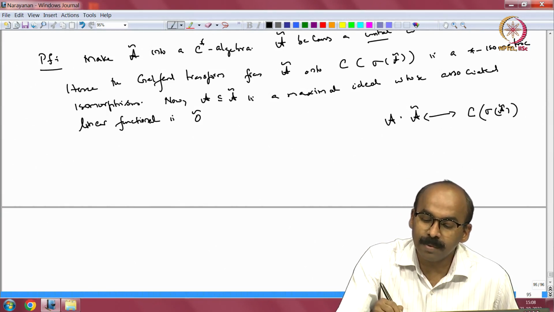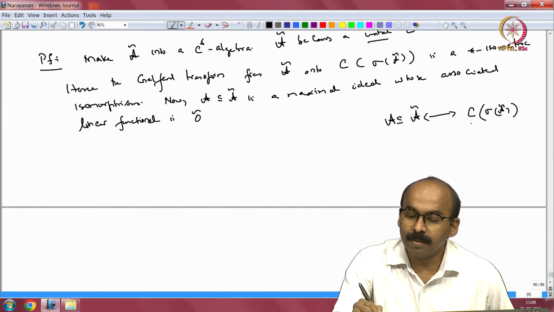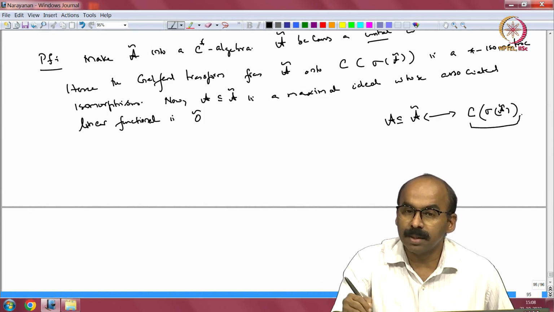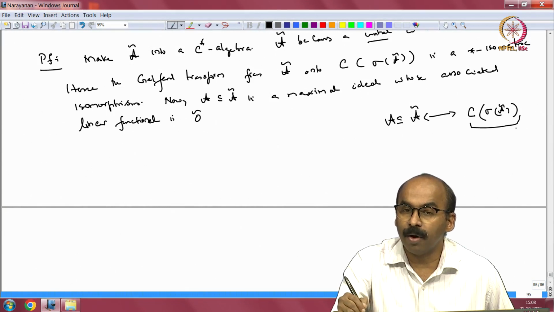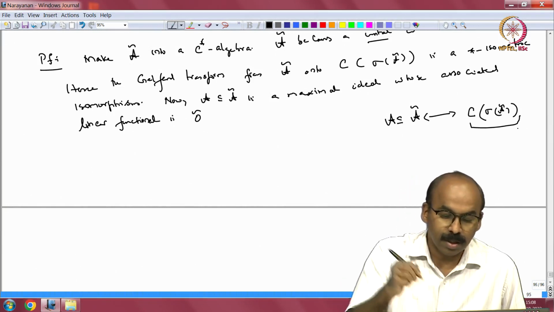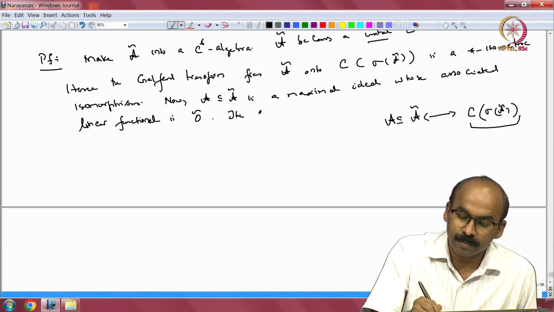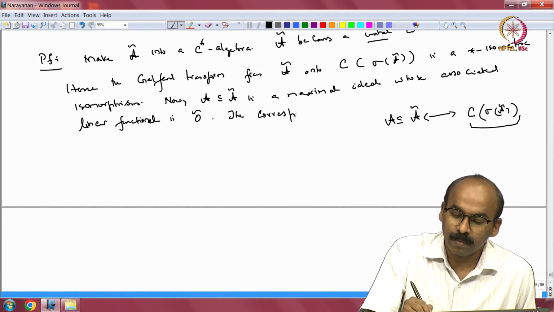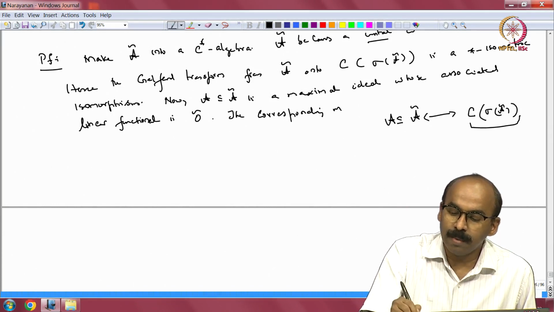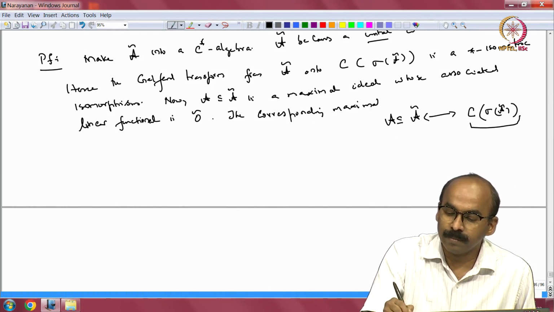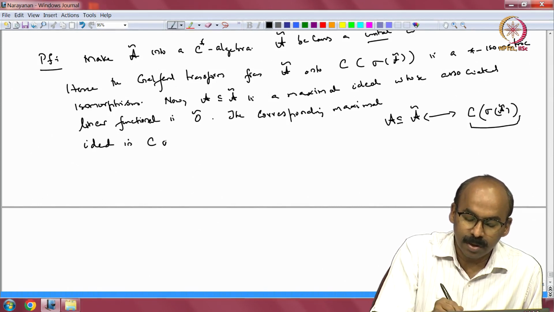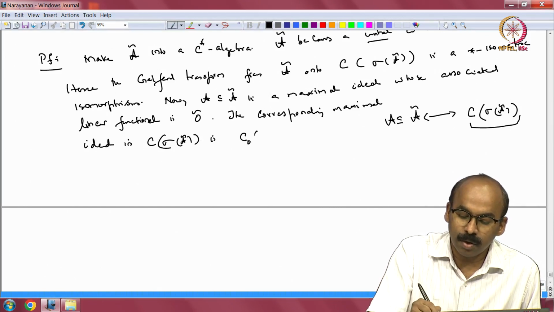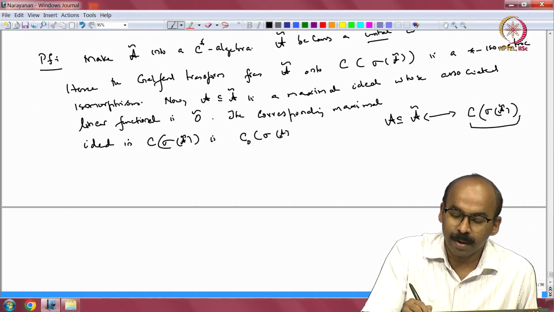So, I am taking a maximal ideal here, so there should be a maximal ideal here, right. What is that? That is the corresponding one which consists of all functions vanishing at the point at infinity, right. So, the corresponding maximal ideal in C of sigma A tilde is C0 of sigma A, right.